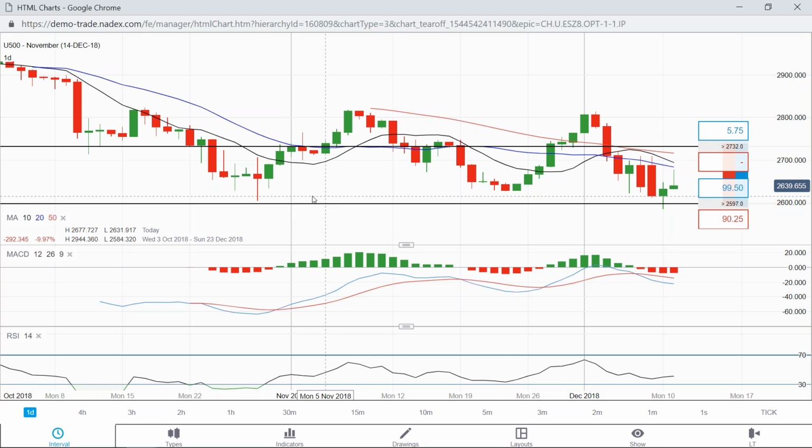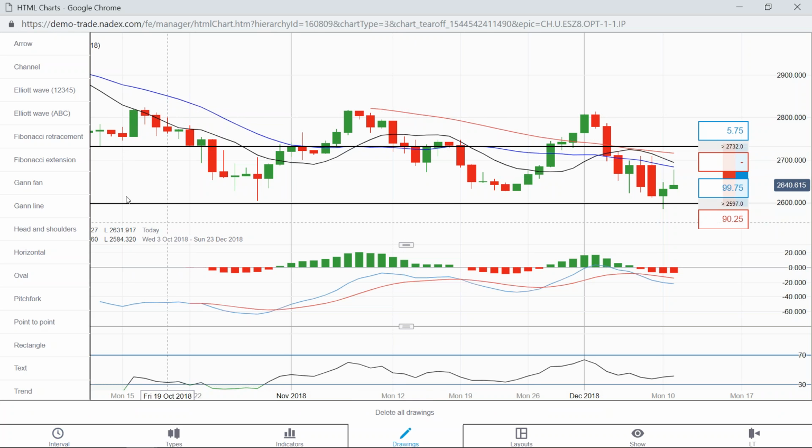The reason I want to look at this is that we've had a lot of volatility in U.S. equities over the past couple of months. And the last 2 months, we've really been in kind of a range. If you look at that range right here, we've got a top, and I'll put in some lines so you guys can see.